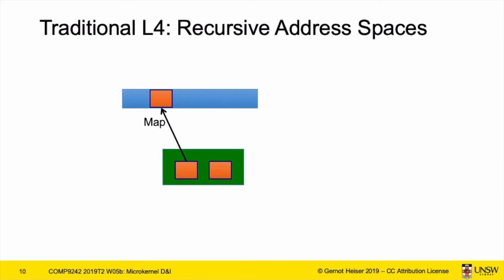Map, where if you have a page that's mapped, so it has a mapping to a frame in memory, then you can hand a copy of that mapping to someone else, meaning they get a mapping to the same physical frame. So this is how you establish shared memory. And then there was the grant operation, which is not the copy, but the move. So you transfer your own virtual page to someone else, and you lose your mapping.